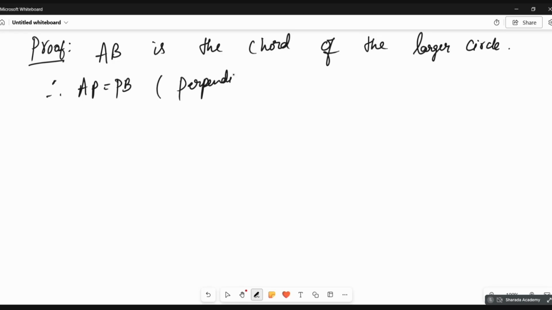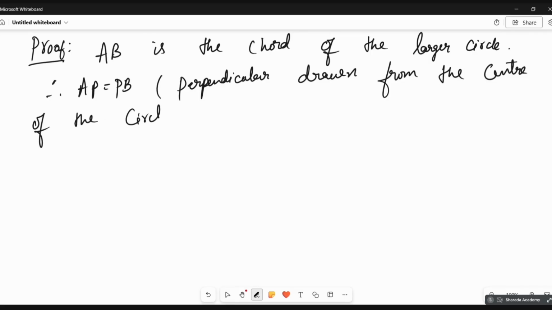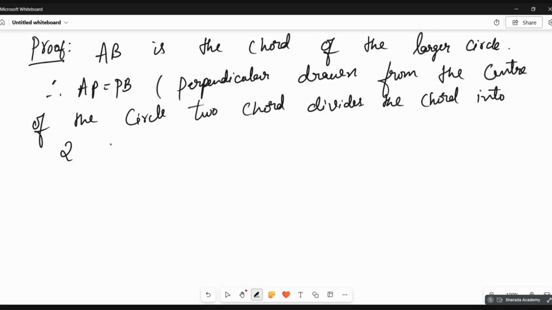Perpendicular drawn from the center of the circle to the chord divides the chord into two equal parts. Okay, so this is the proof. Or instead of this, you can write bisects the chord. Same meaning, bisects the chord.